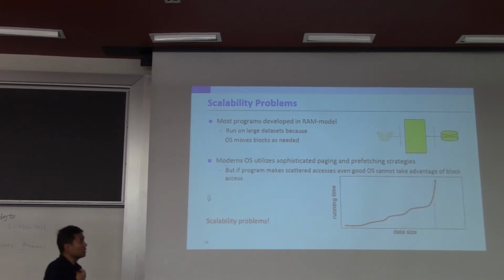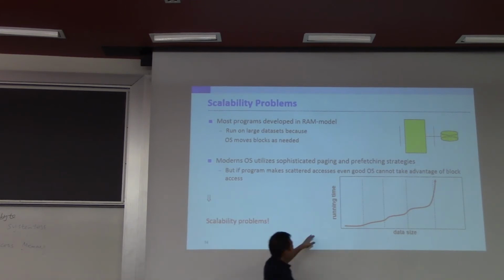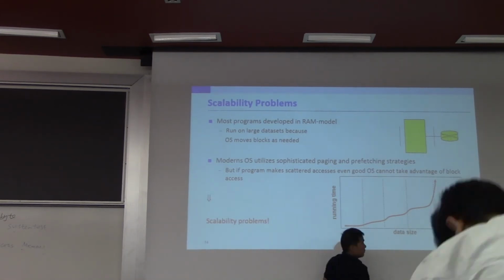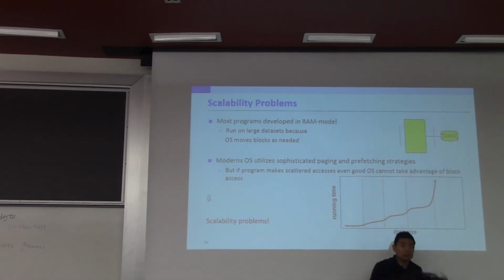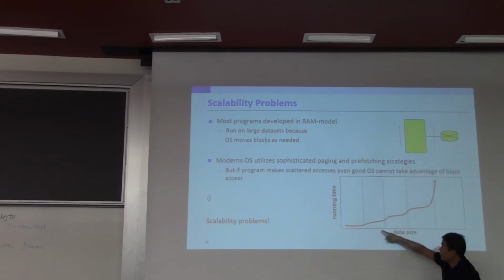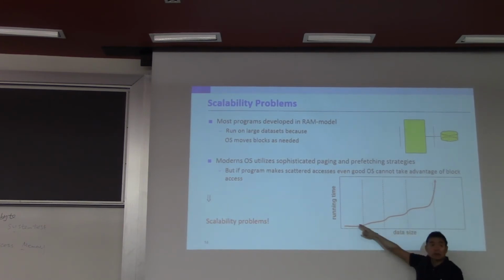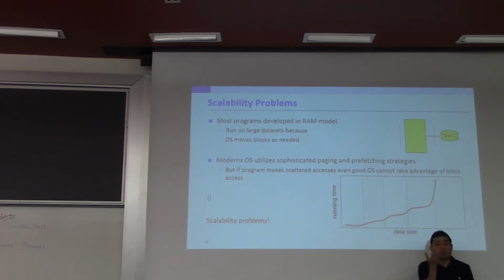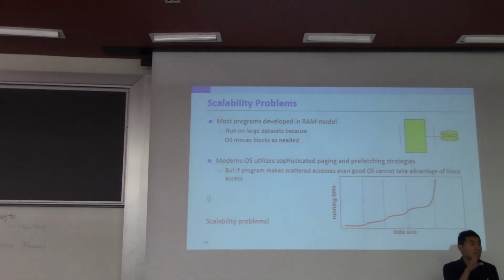Given this discussion, if you look at the access time versus the amount of data you are trying to access, there is this phenomenon that initially it is roughly a linear curve. Why? Because it takes constant time to read one unit of data, one unit being, let's say, 8 bytes, 16 bytes, or even 8 kilobytes, whatever unit of your choice. Then it's constant time to access that unit of data from your main memory.